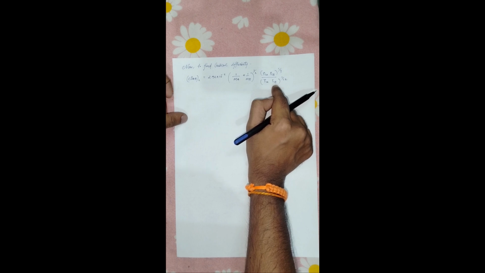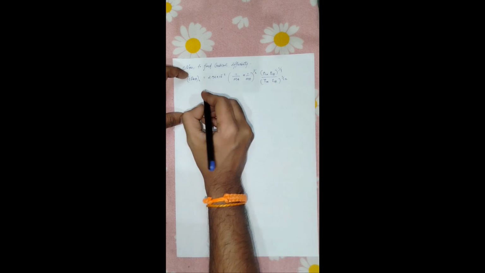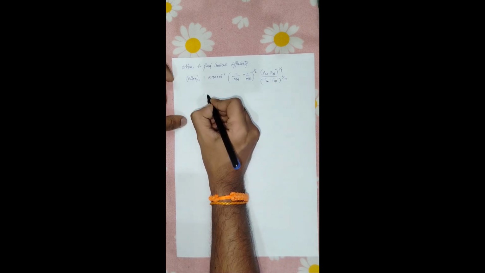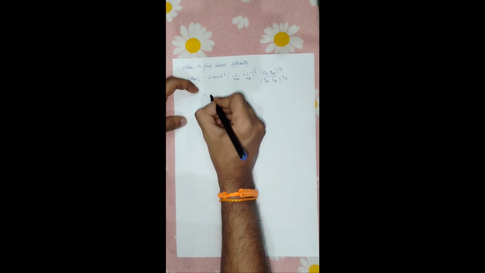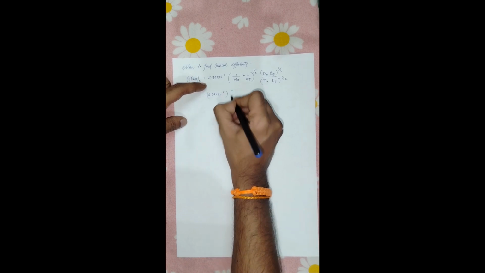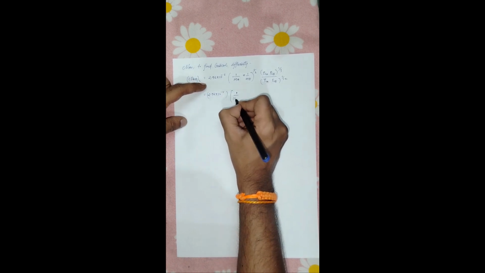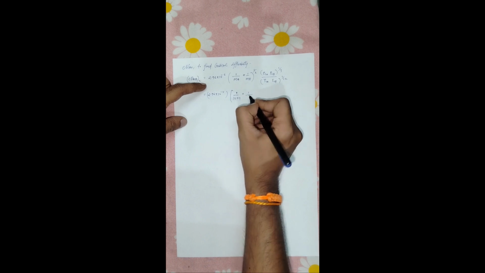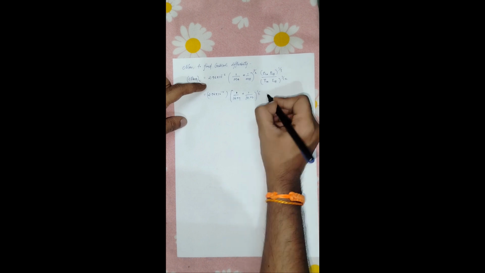So now we'll substitute all the given data and calculate what the value of critical diffusivity comes out to be. Okay, 2.96 into 10 to the power minus 6, 1 upon 16.04 plus 1 upon 30.07 to the power half.